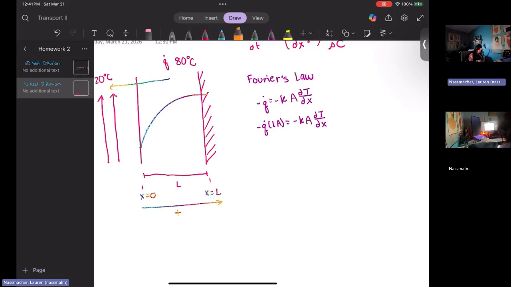Going more in depth, you'll see at this length, the slope is increasing, and that is because our length and our area are larger. It's going across a larger length and cross-sectional area. So if that's increasing, then our slope also has to increase to remain equivalent with the heat loss.